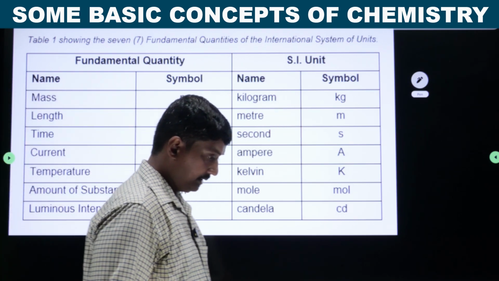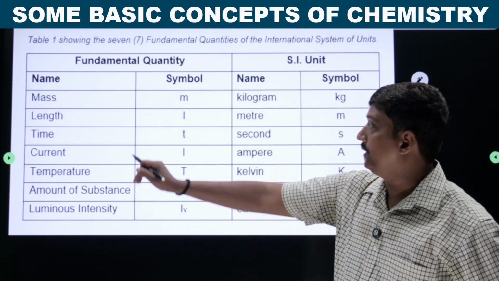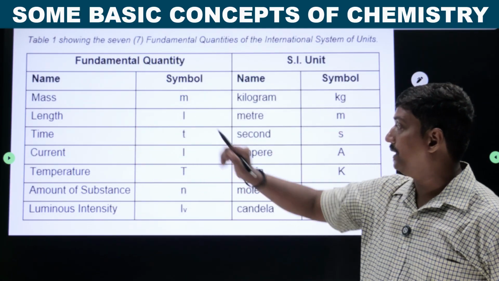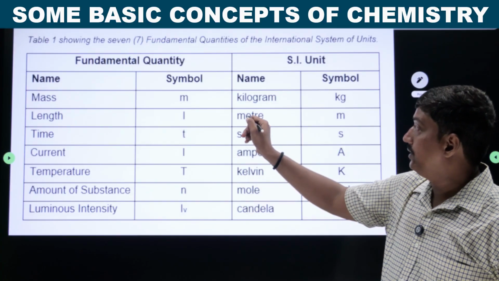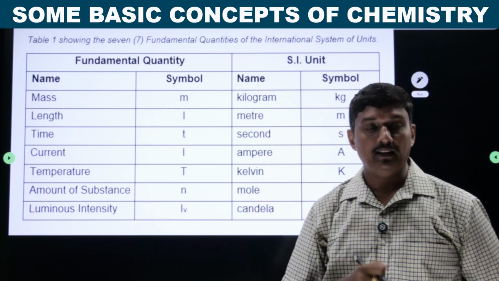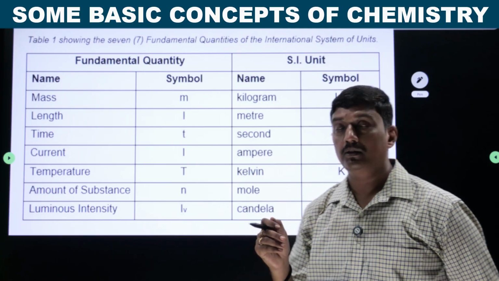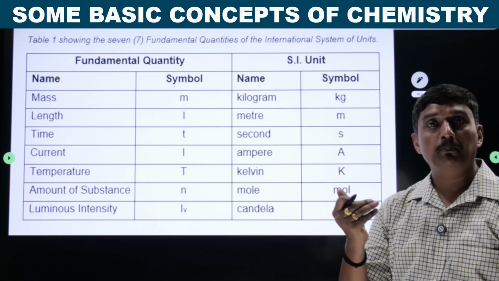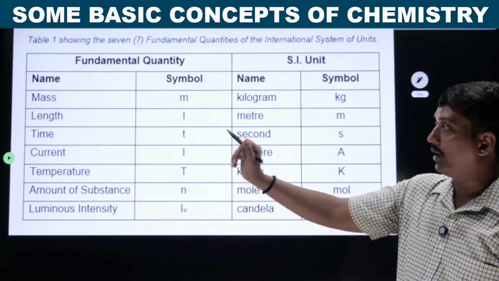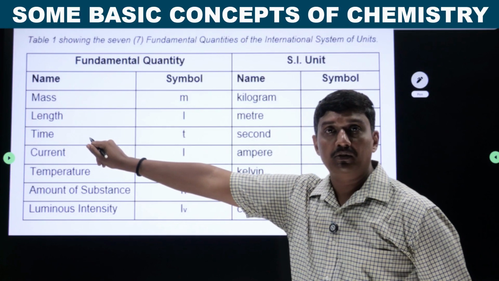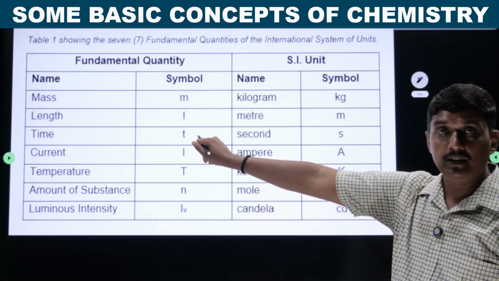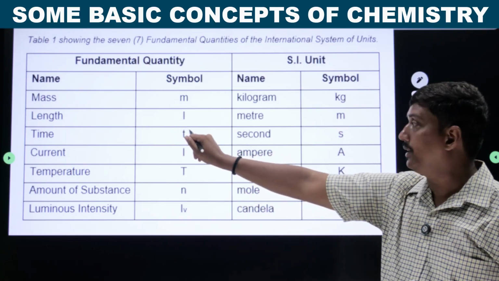Another is length. Length is represented as small letter l. Its unit in the SI system is meter. Small letter m is the unit for length. Time is another fundamental quantity. It is represented as small letter t.